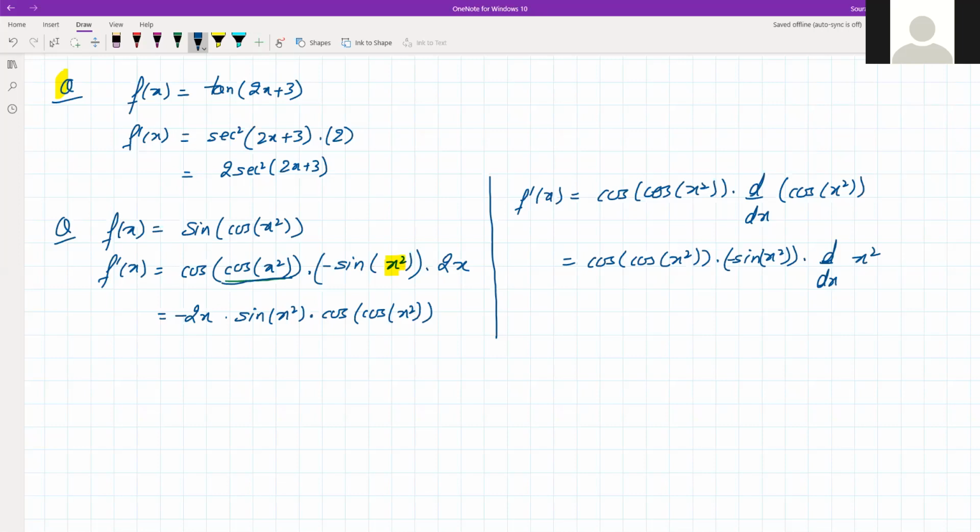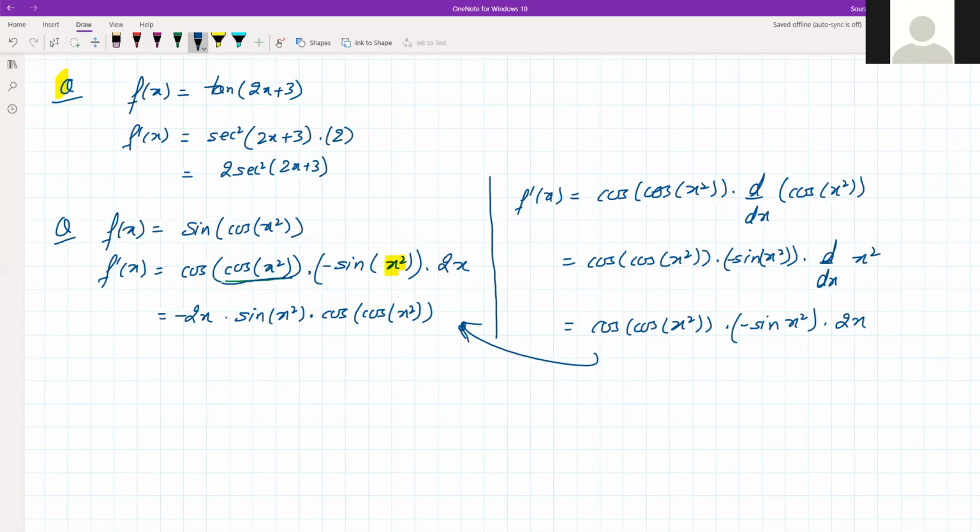And then the third step, that is cos of x square into minus sine of x square into 2x, and then you can rewrite it in the simplest form. So both the answers will be same.